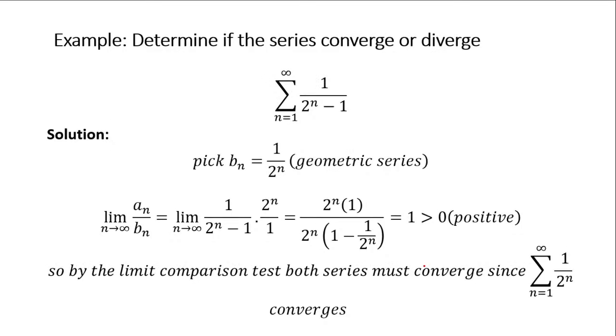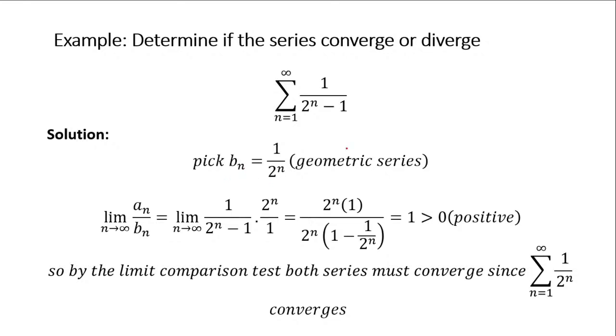So when they ask you to determine if the series converges or diverges, now 1 over 2n, so pick bn. You need to know this whole thing is your an, and then you take the limit of an over bn.